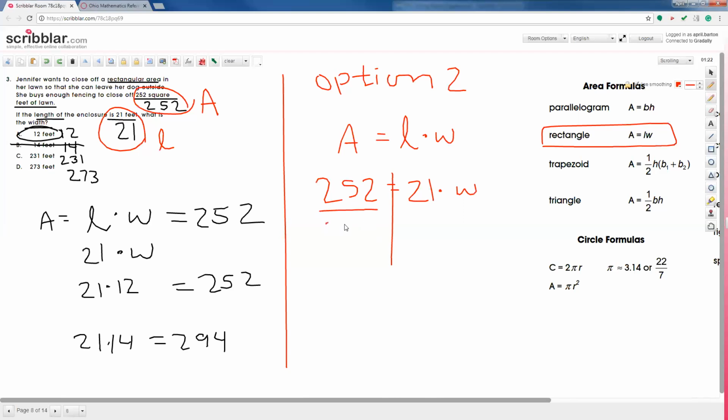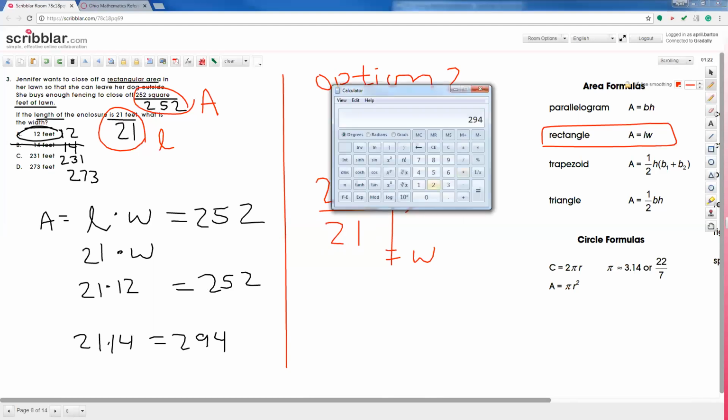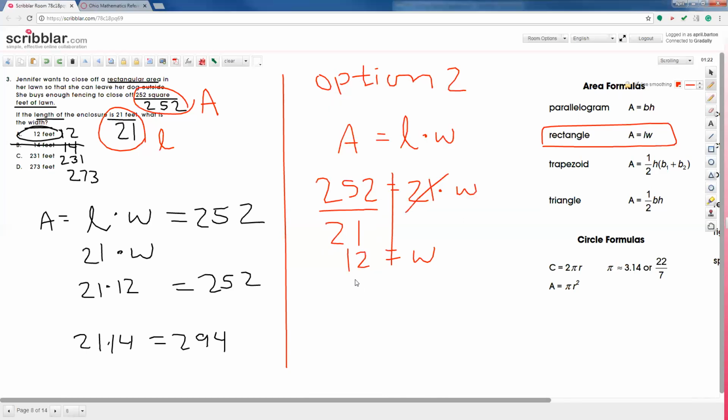So we want to divide by 21 because that's doing the opposite, and it gets rid of the 21 that was there. So then we just have to plug that into a calculator. 252 divided by 21 is 12. So we still came out with the same answer, still got the correct answer, just a different way to do it.